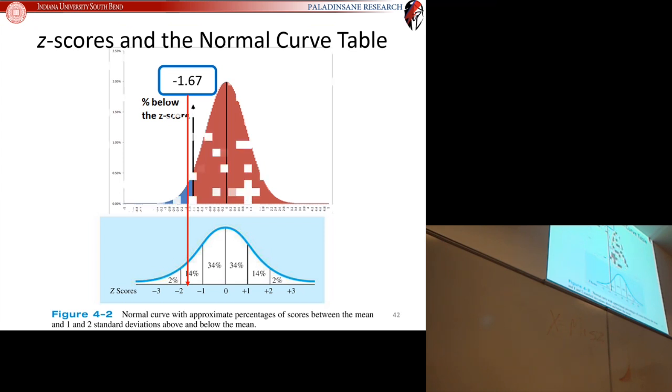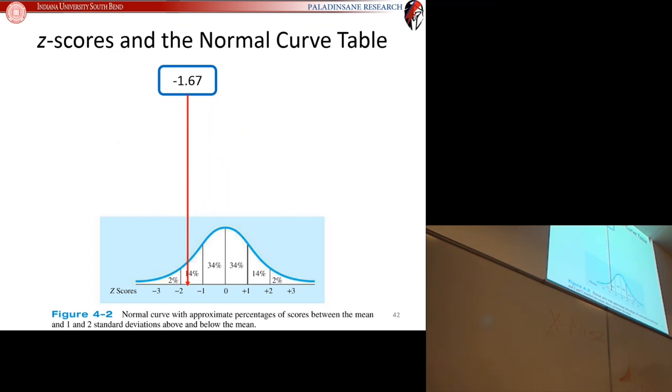So for example, we know that this area here, from the arrow at minus 1.67 and below, is bigger than 2%, right? That's the area that's 2%. Ours is bigger, so we should have more than 2%.